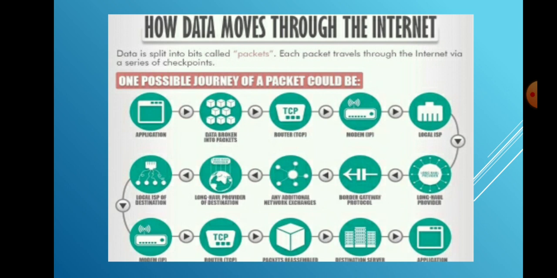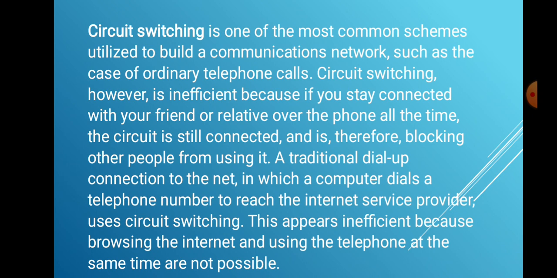How data moves through the internet. Circuit switching is one of the most common schemes utilized to build a communication network, such as in the case of ordinary telephone calls. Circuit switching, however, is inefficient because if you stay connected with your friend or relative over the phone all the time, the circuit is occupied and is therefore blocking other people from using it.